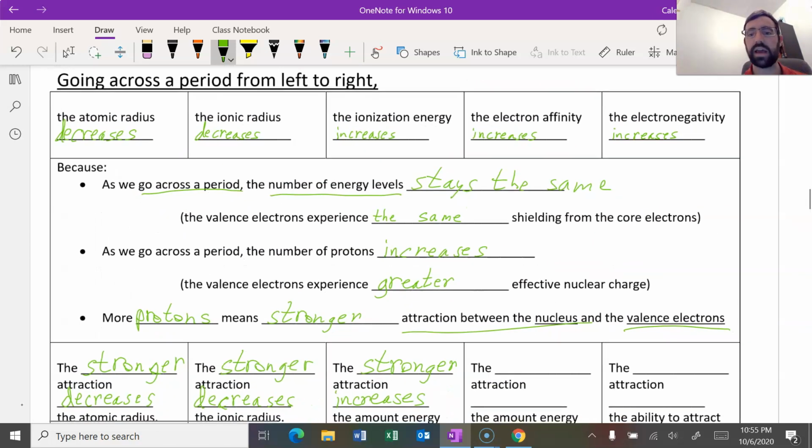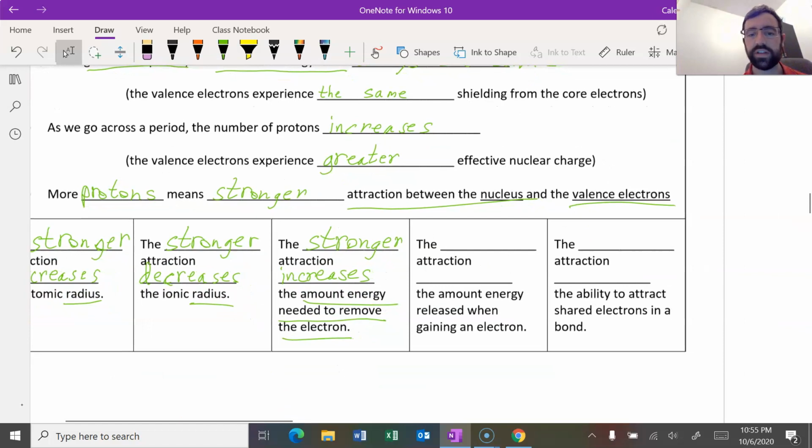And then we're looking at electron affinity next. The stronger attraction increases the amount of energy released when gaining an electron. It's pulling in with a stronger pull from the nucleus to electrons, including electrons that don't already belong to the atom.